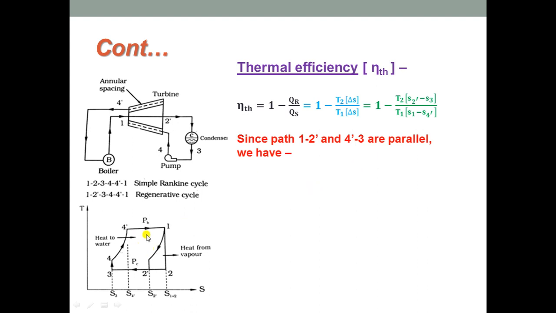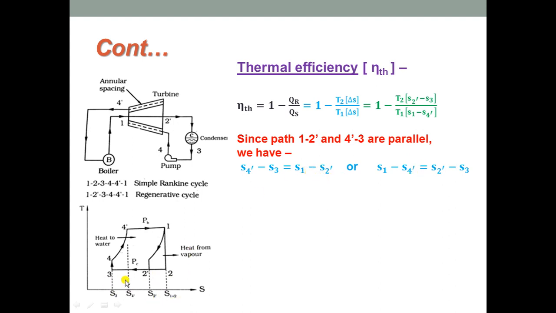Since path 1 2 dash, this curve, and 4 dash 3 are parallel, the difference S4 dash minus S3 is the same as S1 minus S2 dash.